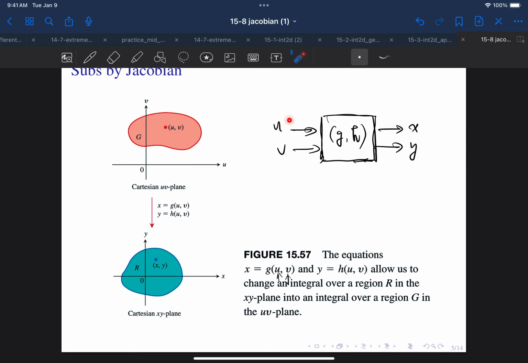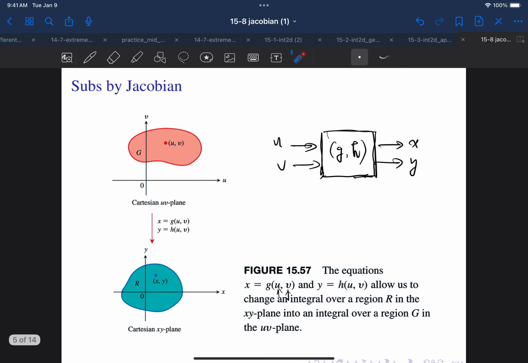If you think of (u,v) as a point in the uv plane, then the machine maps these red dots to blue dots in the xy plane. If each point in the region G goes through the machine, it forms a bunch of new blue dots, and that gives another region R, which might have a different shape. The idea is that suppose the region R for the double integral is quite irregular, a weird complicated shape.